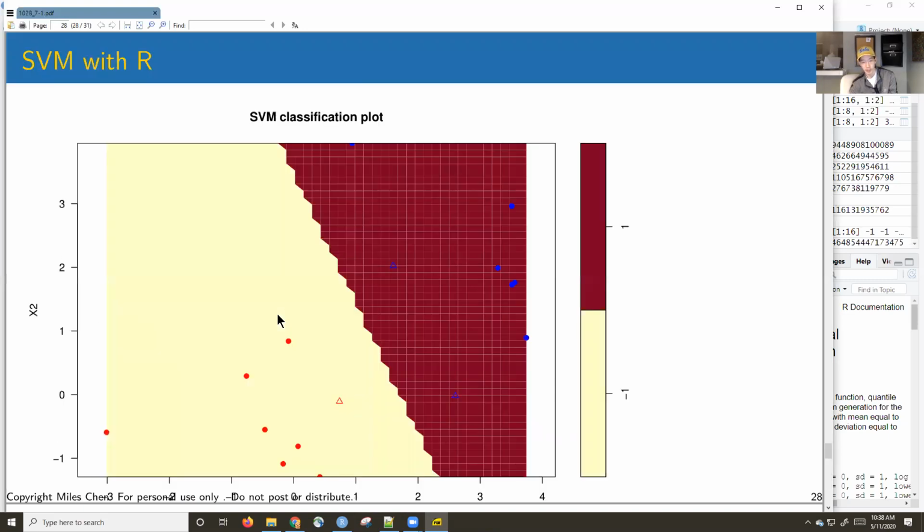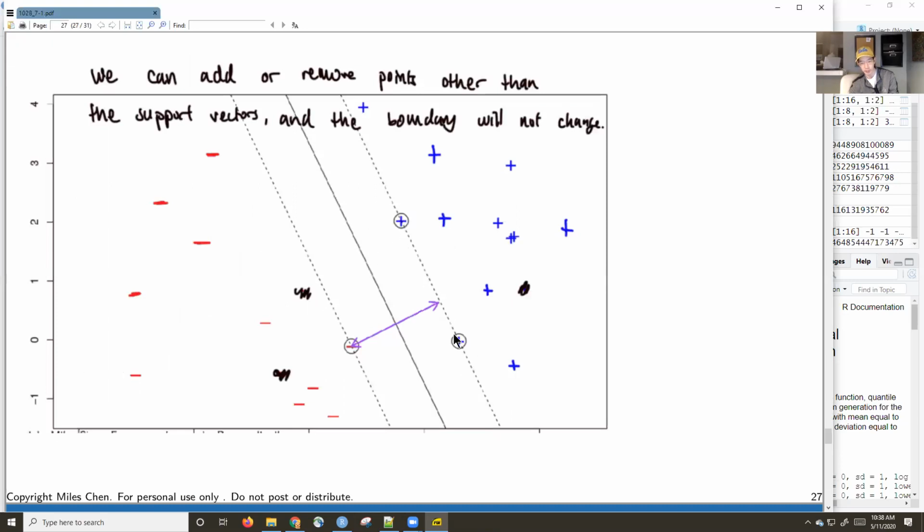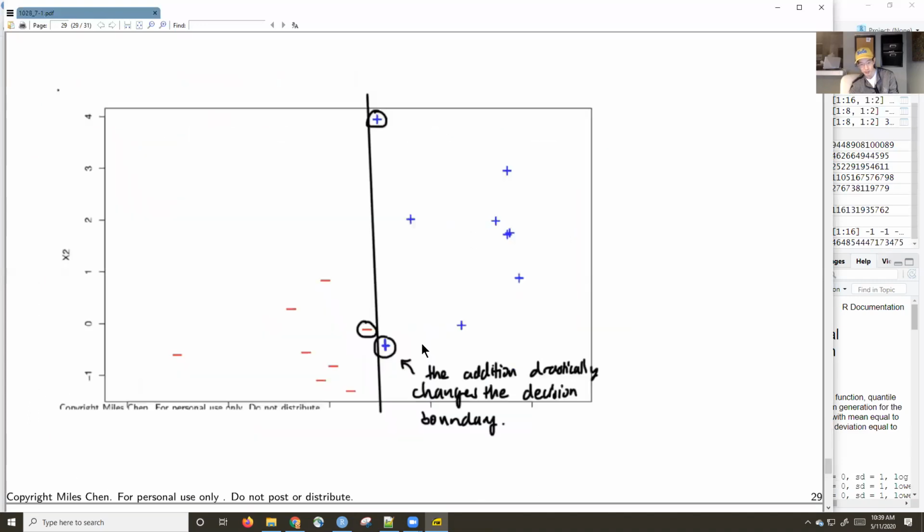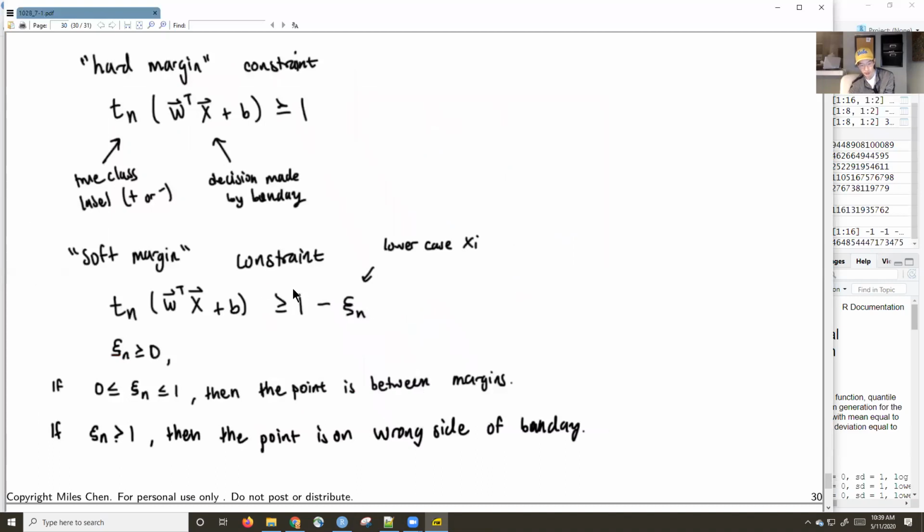The way we currently have it defined is that the support vectors form the border at 1, but now you can have a point on the inside, and that will fit the constraint. If we bring a point inside, that point will not have a distance greater than 1. This value will be smaller than 1, but it will still fit the constraint.